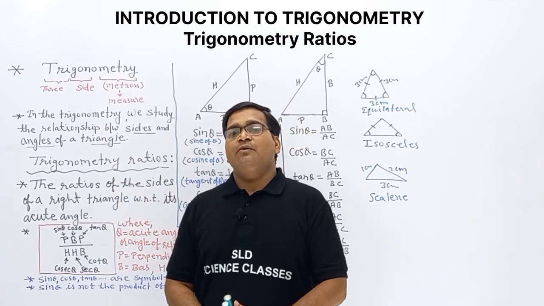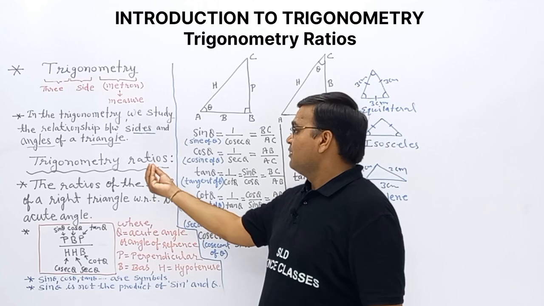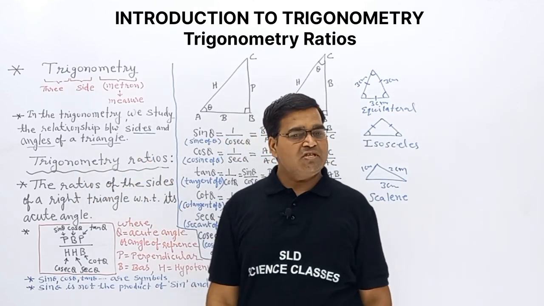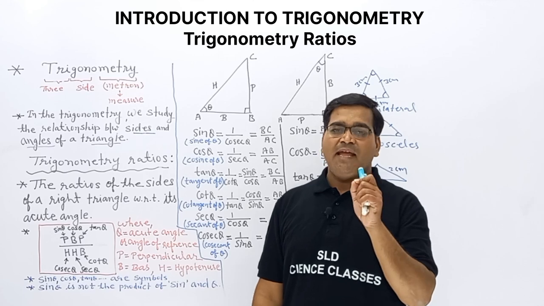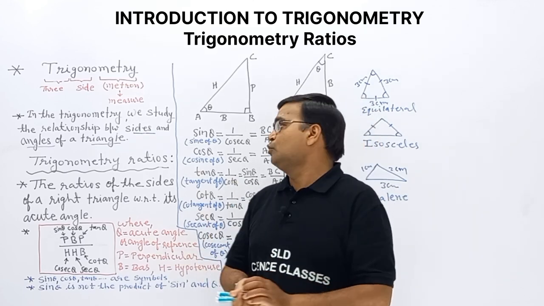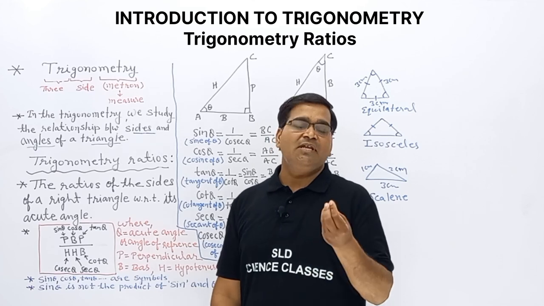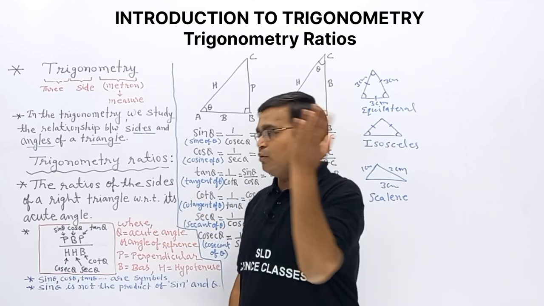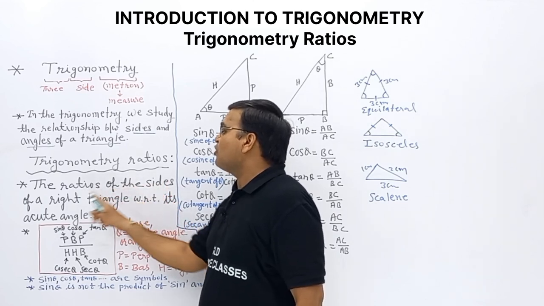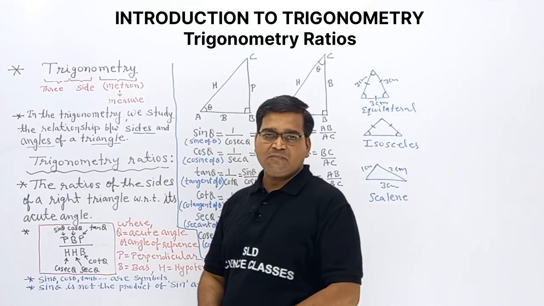So, today I am taking the basic idea of trigonometry ratios. This is exercise 8.1. Before starting that exercise, I want to explain what trigonometry ratios are. Now, observe the ratios of the sides of a right triangle.